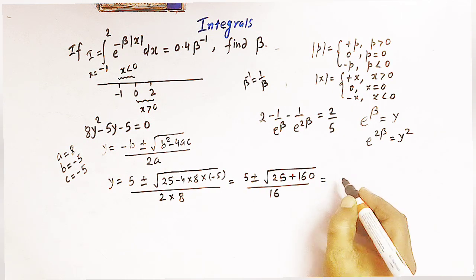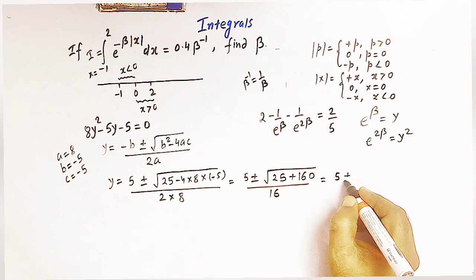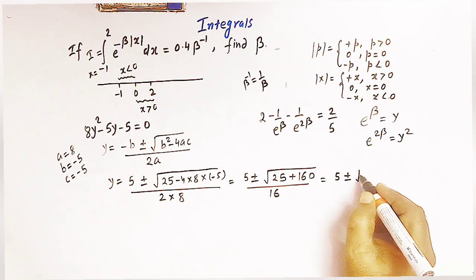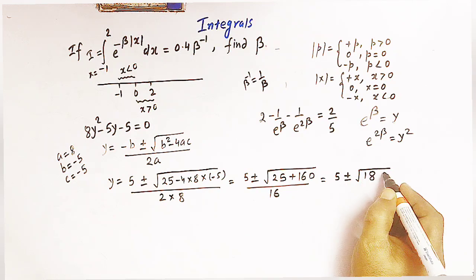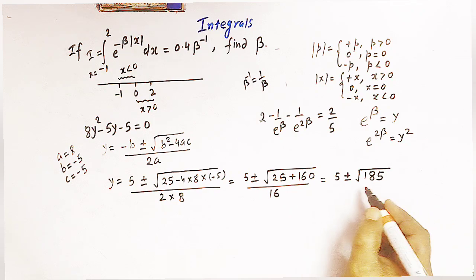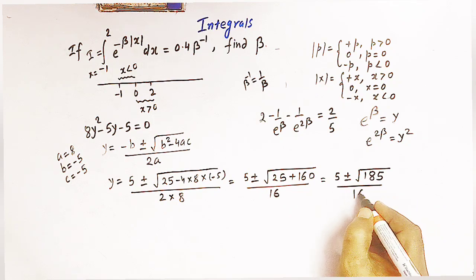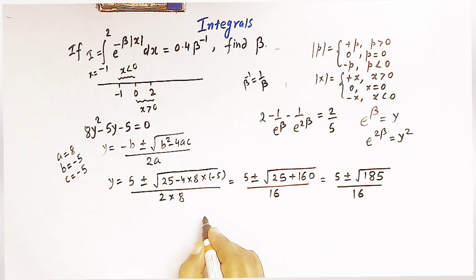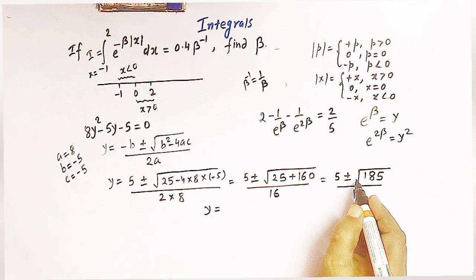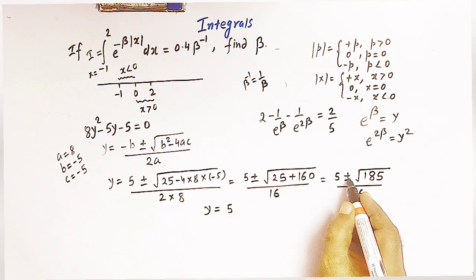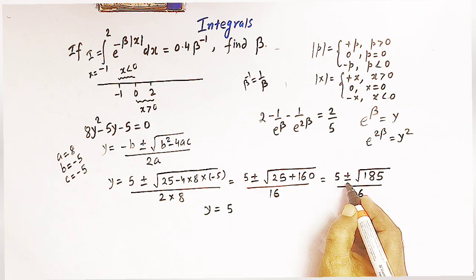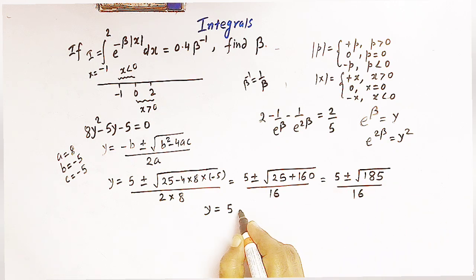So now this is equal to 5 plus minus square root of 185, and in the denominator we have 16, right? So now y has two values. One corresponds to the positive sign, and the second one corresponds to the negative sign.